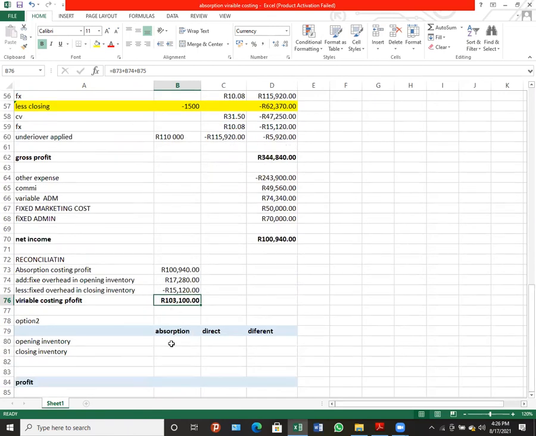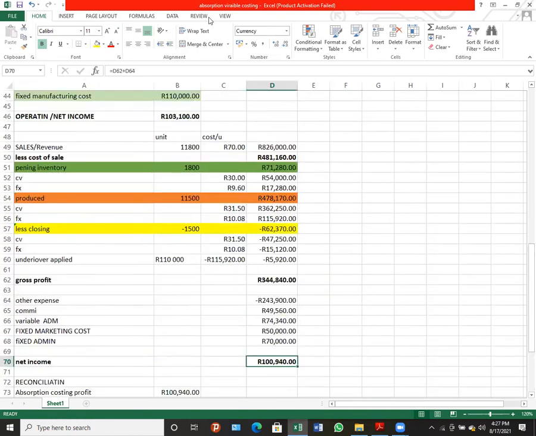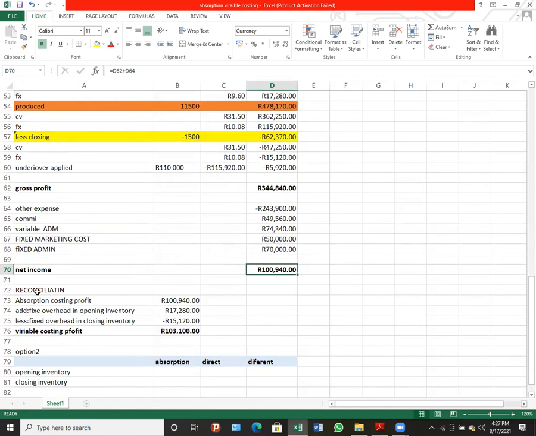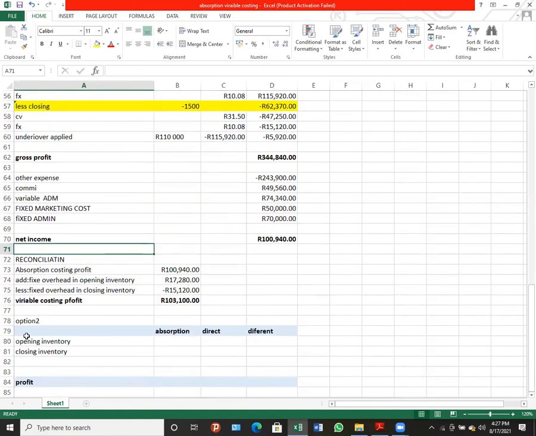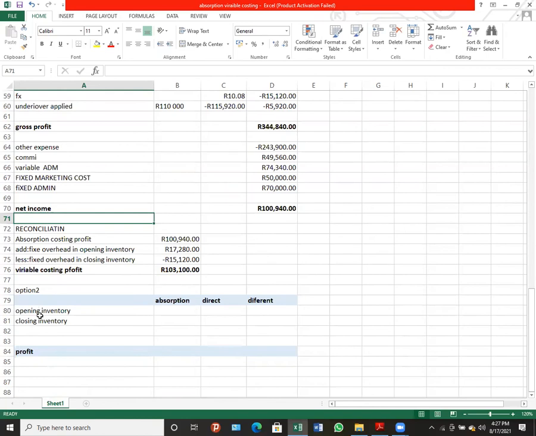Now, guys, I'm going to show you the second option. You can be given this statement, like absorption and variable costing, and they say reconcile. This is the first option which you can reconcile, or they can ask you to use this second option.